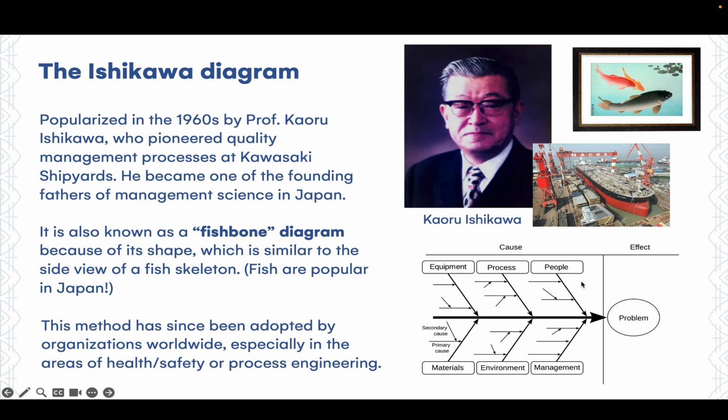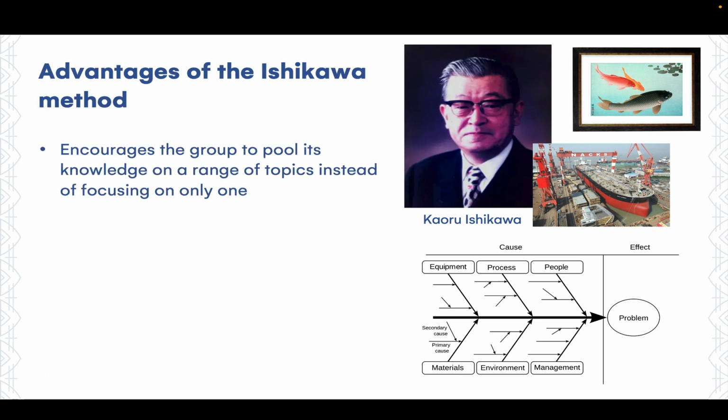In the initial model that he used, each of those branches was a common type of cause or category of cause. And the idea is that by going step by step through this process and isolating the different possible causes, you can have a more complete view of the problem.